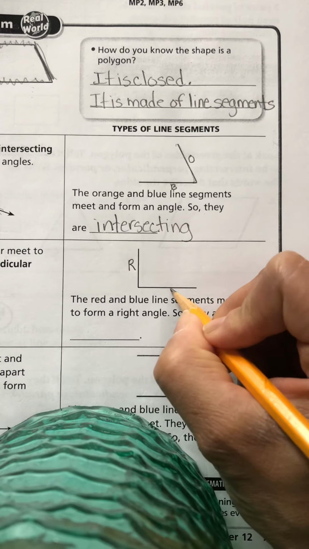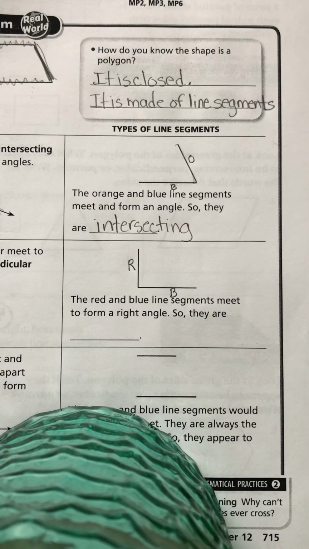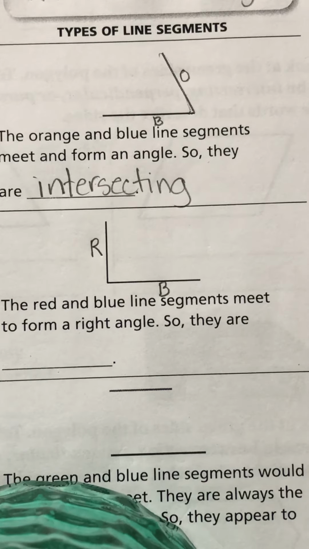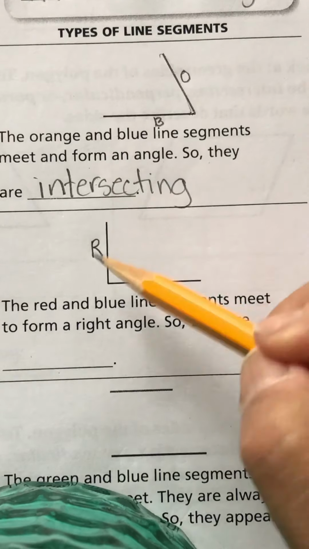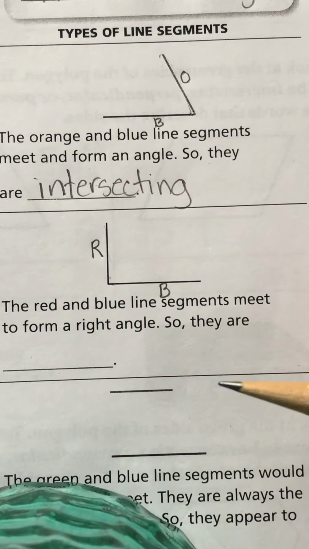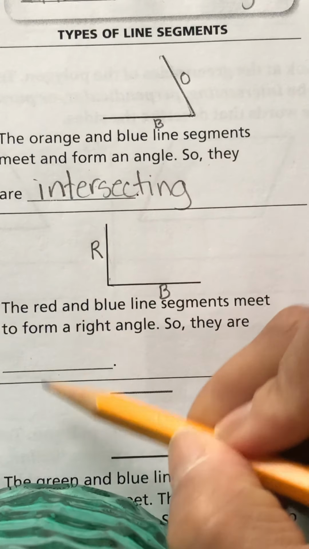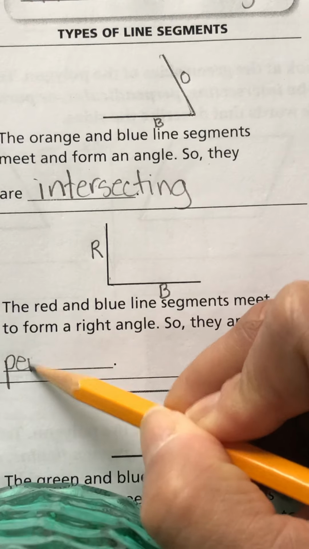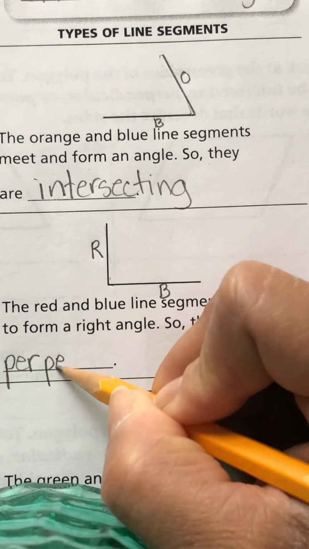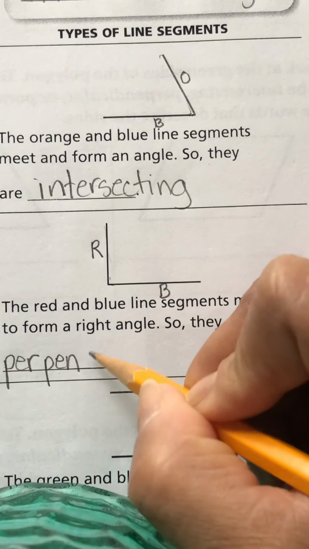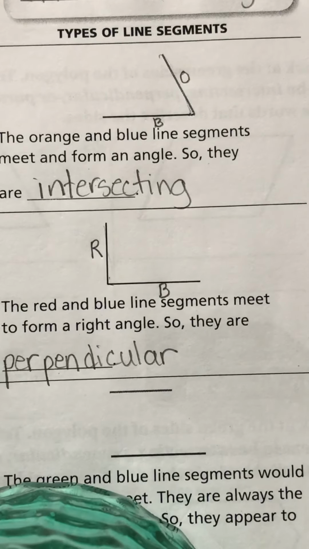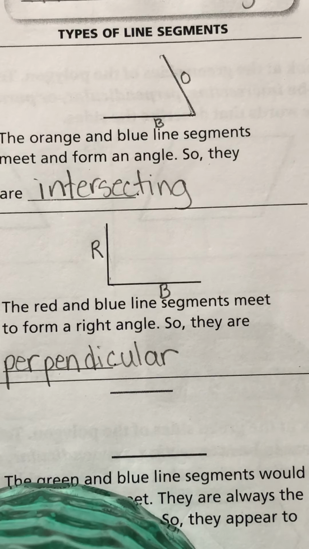And this is the blue line, right? I'll zoom in a little bit. The red and the blue line segments meet to form a right angle. So here's the red, here's the blue. They meet right here and they form a right angle. So this is considered perpendicular. Again, you can copy that word over on the left-hand side. You don't have to copy from me. All right, so those lines are perpendicular.